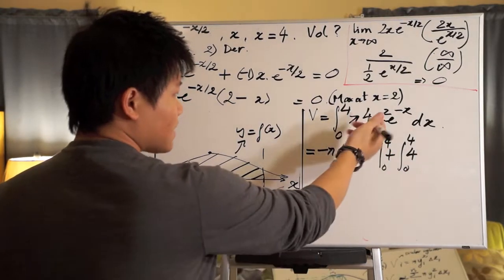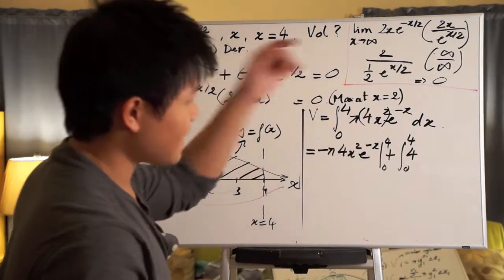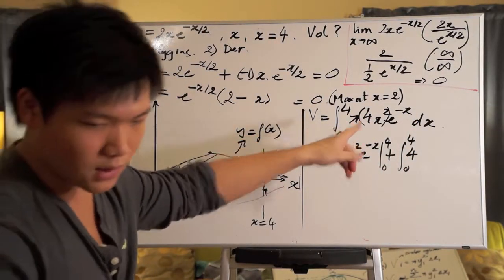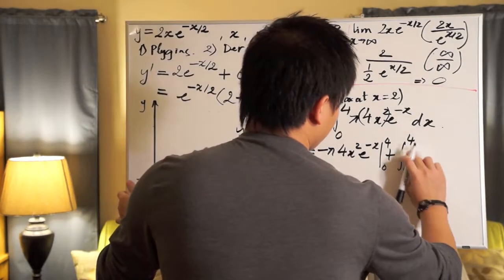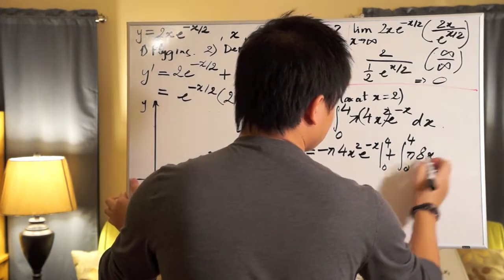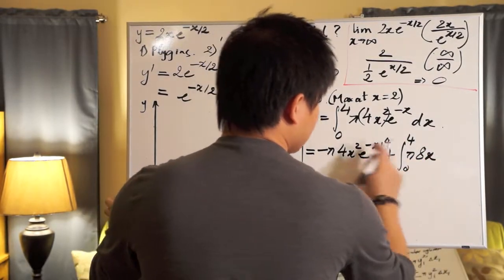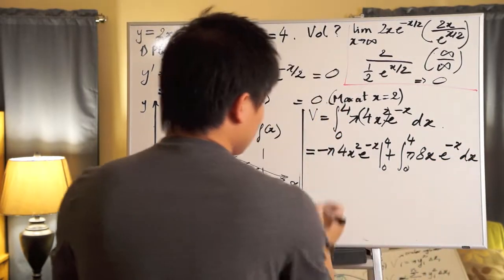So 4x squared, take that to be u, so the derivative of that would be 8x, right? So you have pi 8x times e to the minus x dx.